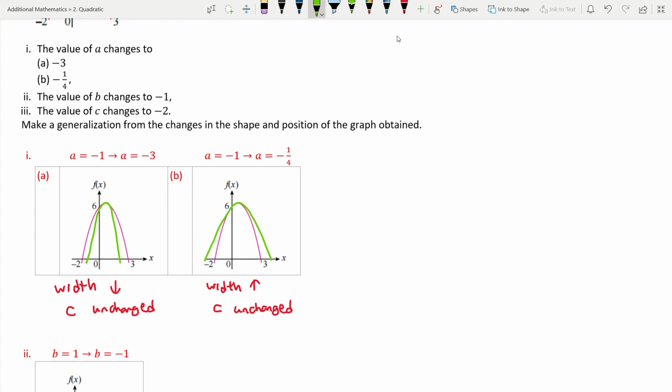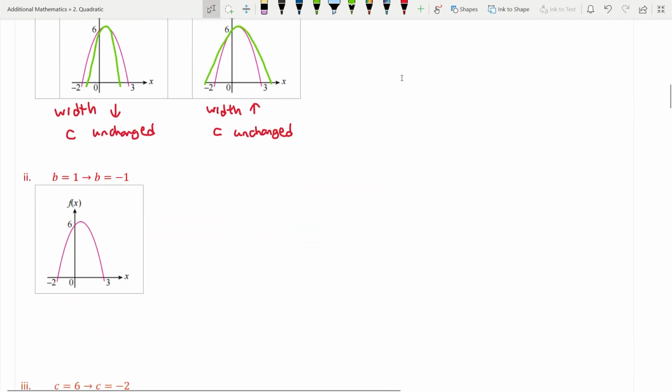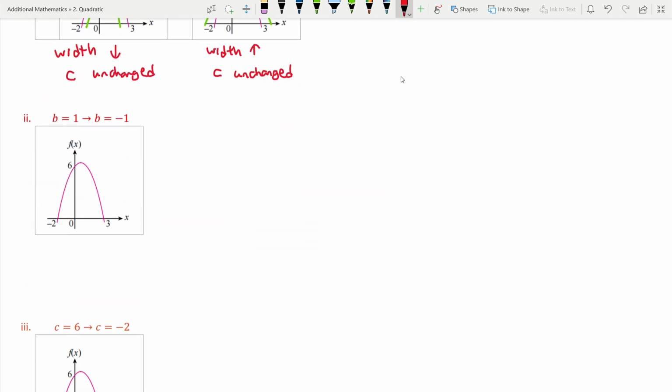Next, let's analyze when the value of b changes to negative 1. When the value of b changes from 1 to negative 1, that is, from a positive value changed to a negative value, the vertex changes from the right side to the left side of the y-axis.